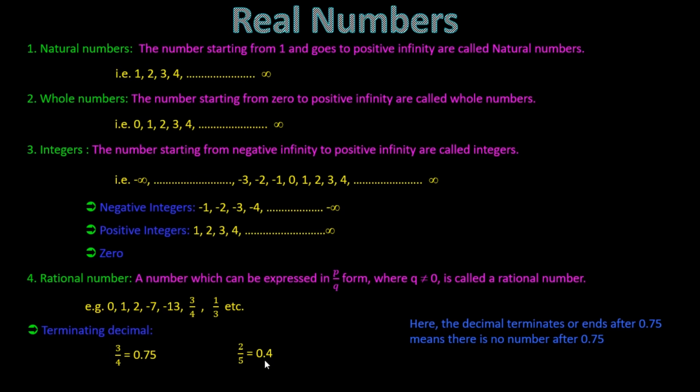But all decimals are not rational numbers. I will explain here. Now the non-terminating decimal. Non-terminating means it has no end point: after the decimal point the digits go on up to infinity, like 0.3333, and this will move on. The fraction 1 by 3 changes into a decimal whose digits move up to infinity.